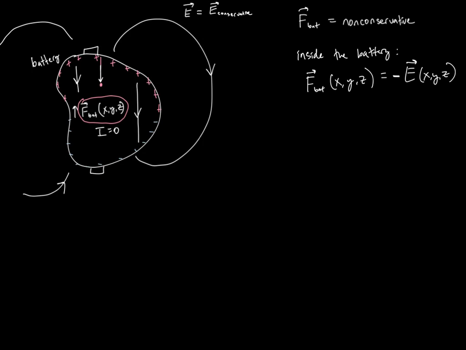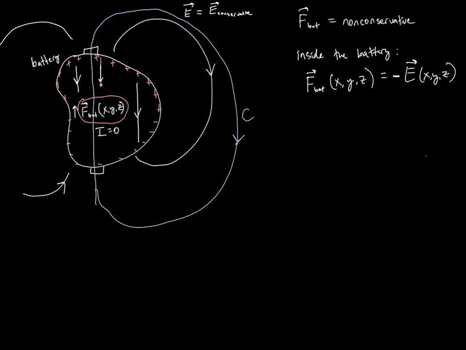All right, let's calculate the EMF. Now we're going to need a path, so I'm going to use blue. Our path is going to go straight through the battery and out the cathode and then back into the anode. So here's our path C for calculating EMF.